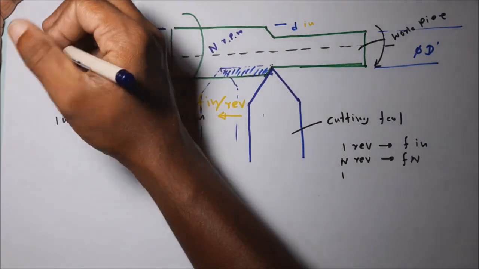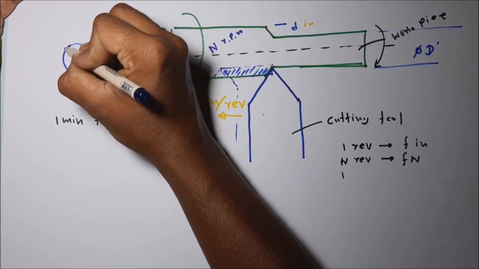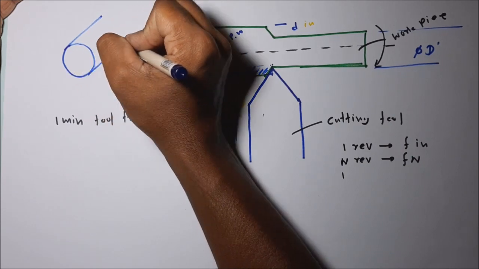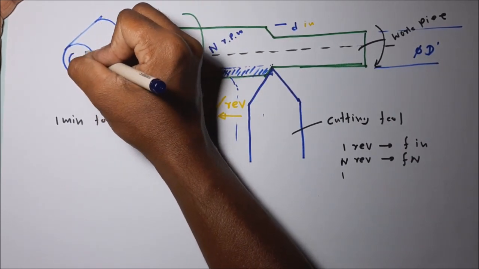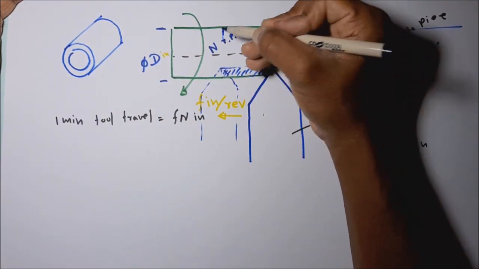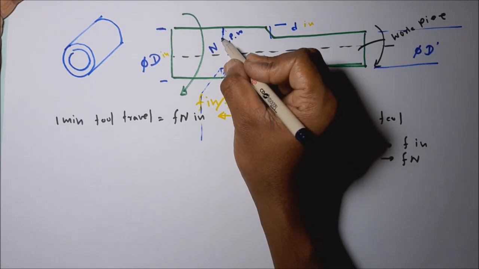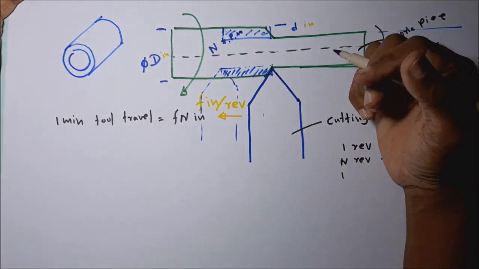This kind of ring shape volume is removed.